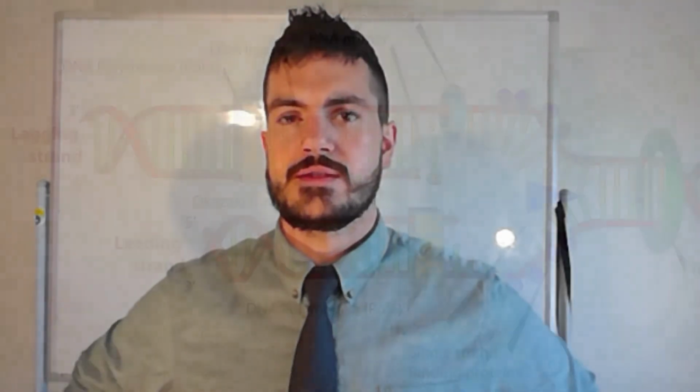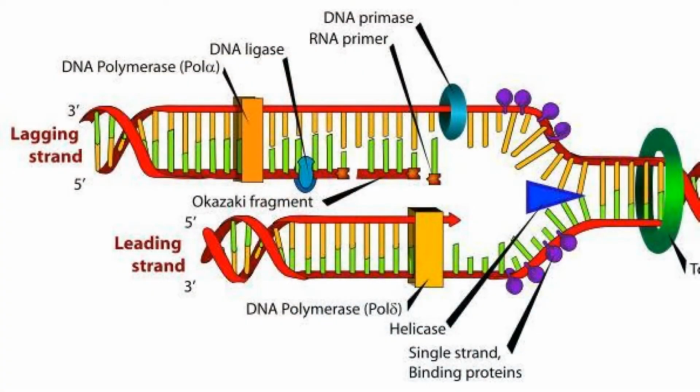Now, the strand that's made completely in one long piece is called the leading strand. It's not really important for the USMLE to know, to be honest. It's simple biochemistry. But that's what's called the leading strand. There's also a lagging strand. The lagging strand, on the other hand, is not continuous. It's discontinuous. It only makes little short sections, still about 1,000 nucleotides long, that are called Okazaki fragments.